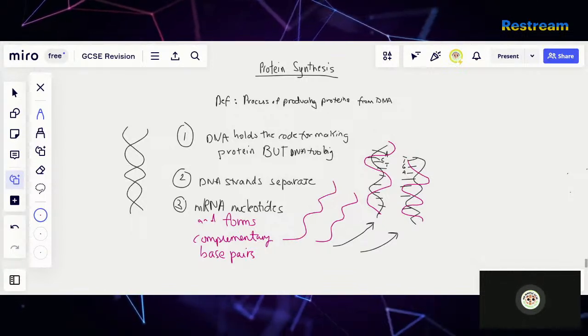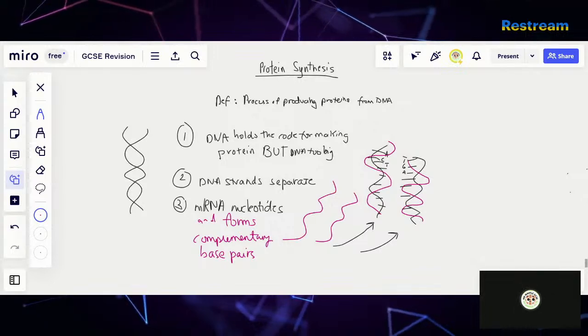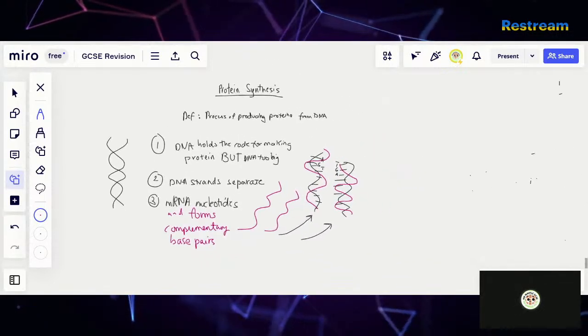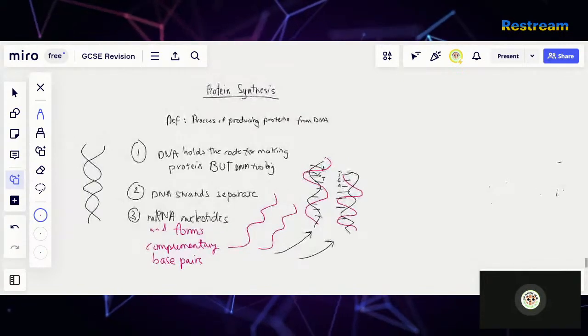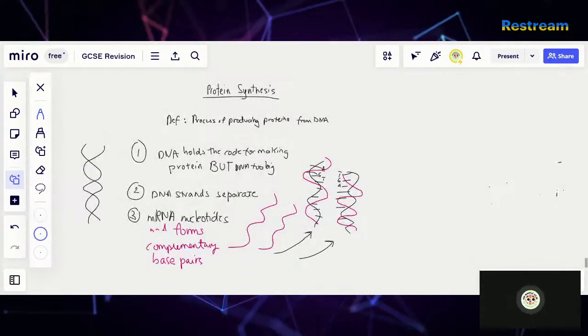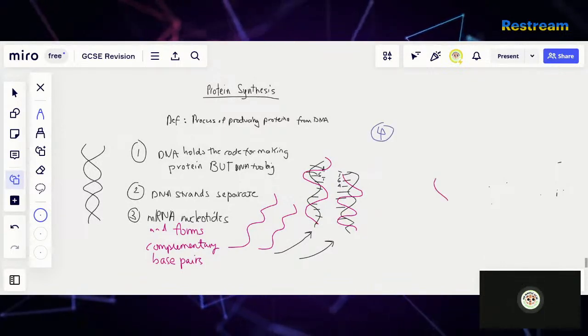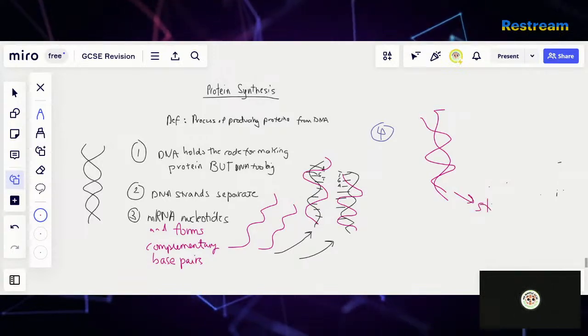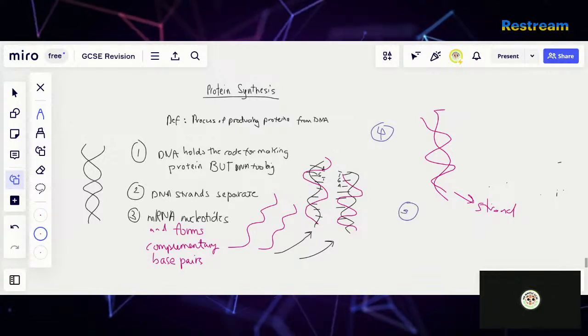Now, as it's now formed complementary base pairs, what does this then mean? This then means that you have your mRNA nucleotides that are exact clones of the DNA. And that brings us on to the next stage. The mRNA nucleotides then join together to form an mRNA strand. And the strand then leaves the nucleus in the next stage.